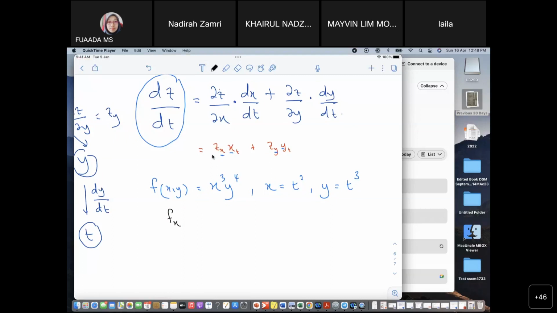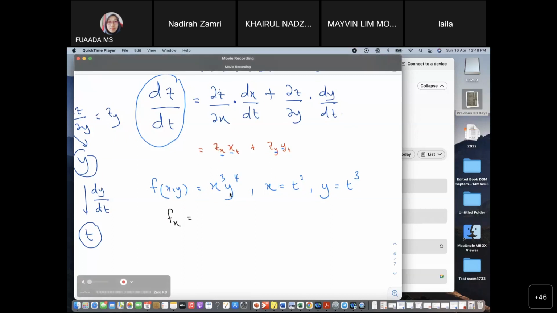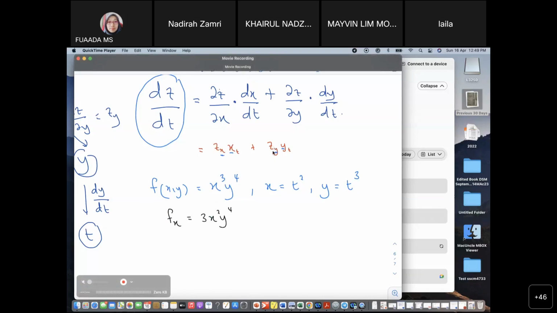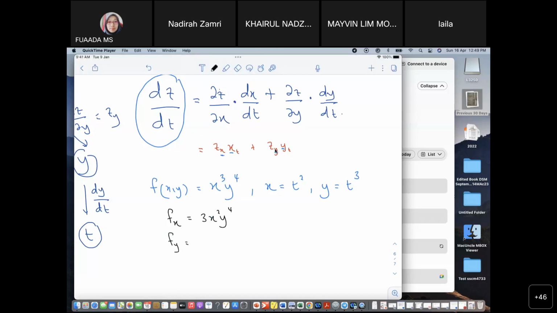Find the partial derivative of f with respect to x. Here, y is constant. So you just have 3x squared y to the power of 4. And then, because from the formula you also need f_y, we compute that straight away. f_y, so you get 4x cubed y cubed. Okay, that is two things.